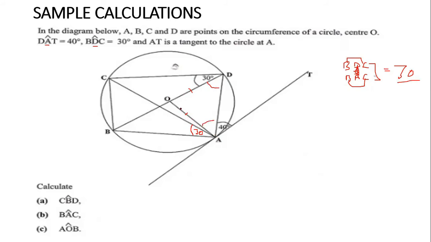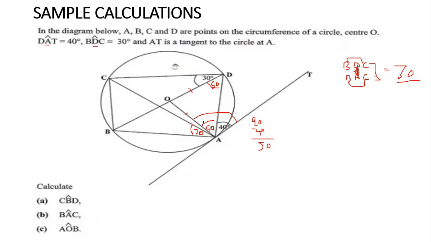Now, when I look at this radius and the tangent, from there all the way up to there should give me 90 degrees. But since they've given me 40 already, I just have to say 90 minus 40. This should give me 50. So the angle here is 50 degrees. If that be the case, then the angle here is also 50 degrees.